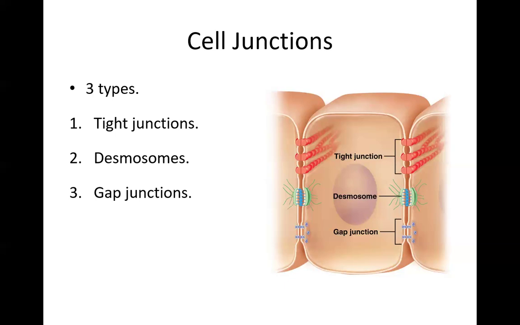There are the gap junctions, the tight junctions, and the desmosomes. So you have to label those three.